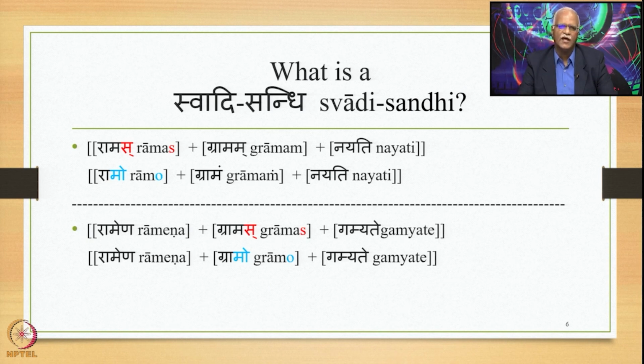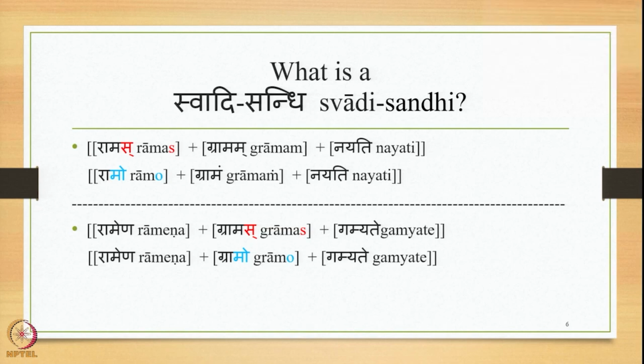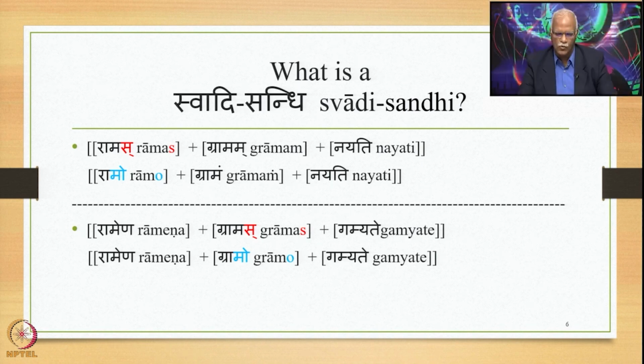Sa comes at the end of the first pada, which is followed by Ga, which is part of the prakriti in the second pada. Sa is part of the sup, and now this Sa gets substituted by Ru first and then by U, and then A and U get substituted by O, and then we get the finally derived sentence form in the form of Ramo Gramam Nayati.